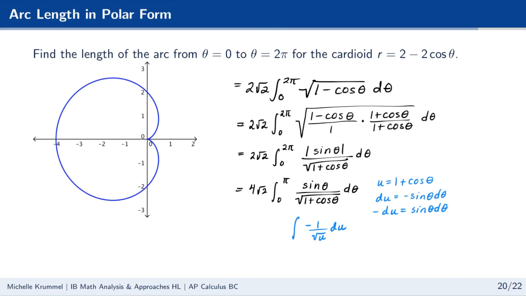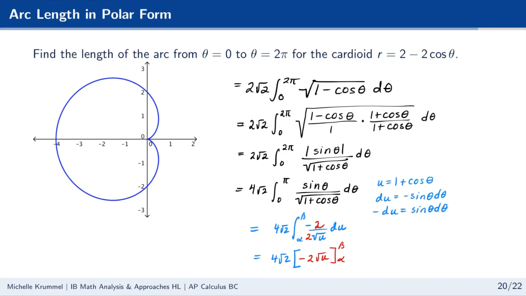We'll need u-bounds here, or I'll just put α and β as placeholders for now. And I'm going to multiply this by 2 over 2. So this is just going to become negative 2 root u from α to β.